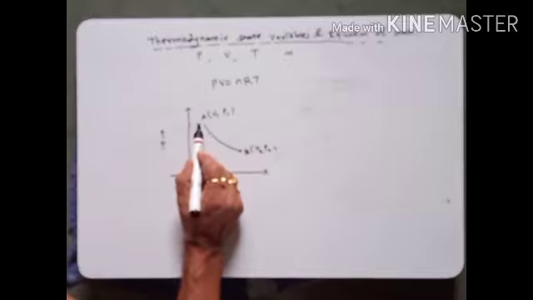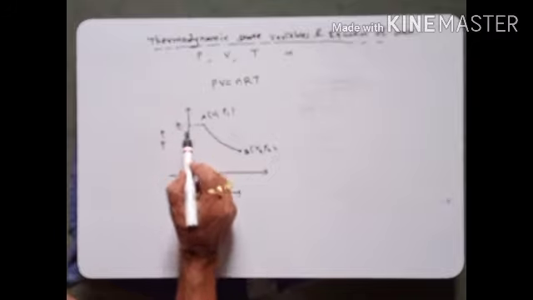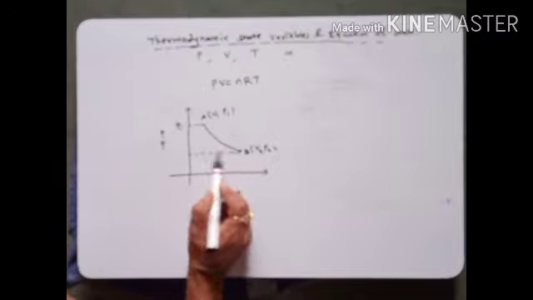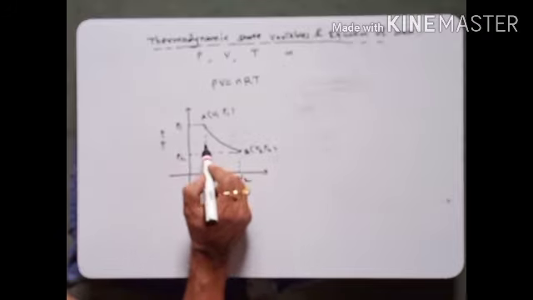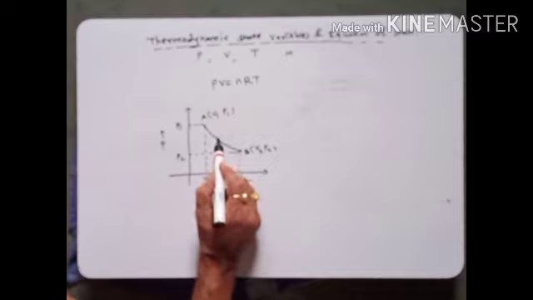This is the P1 pressure, this is the P2 pressure, this is the V2 volume, and this is the V1 volume.